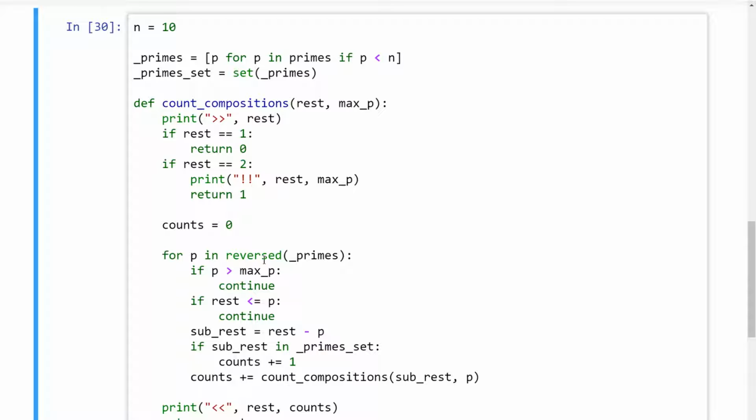Because just looking at this stuff, it seems to me like the rests do add up. Like if I look at the rest 6 and I know max p is 3, then I know that the result I can just pluck out of the calculation for 6.